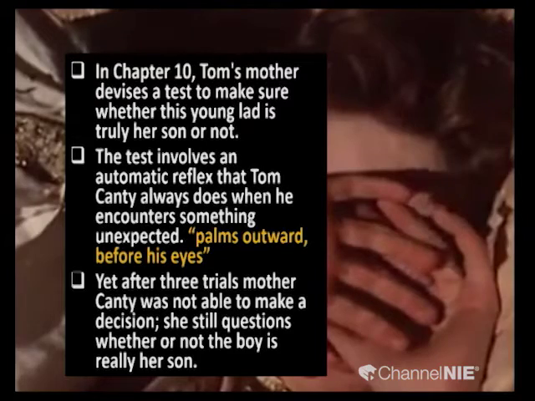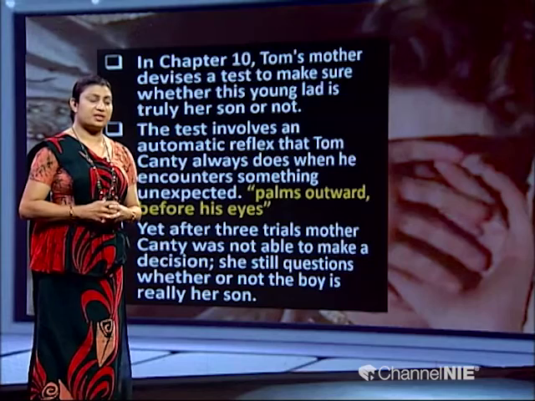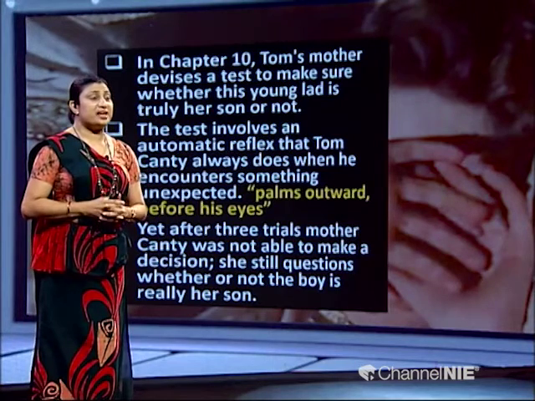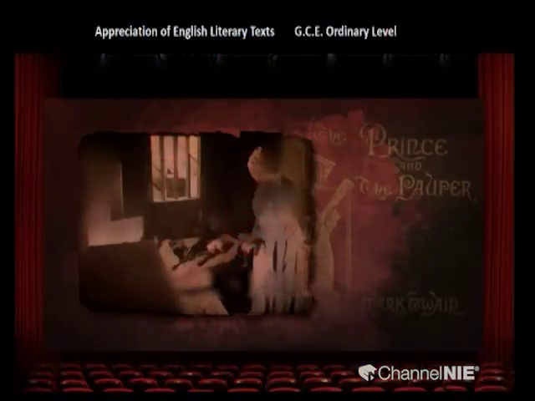What is this action? Yes, like this, palms outward before his eyes. In the picture you can see, like this. Yet, after 3 trials, Mother Canty was not able to make a decision. She still questions whether or not the boy is really her son. The problem is their resemblance. They look alike, but there is a slight difference in their behavior. Now we'll go to the video clip and you can notice how Mother Canty tests her son.